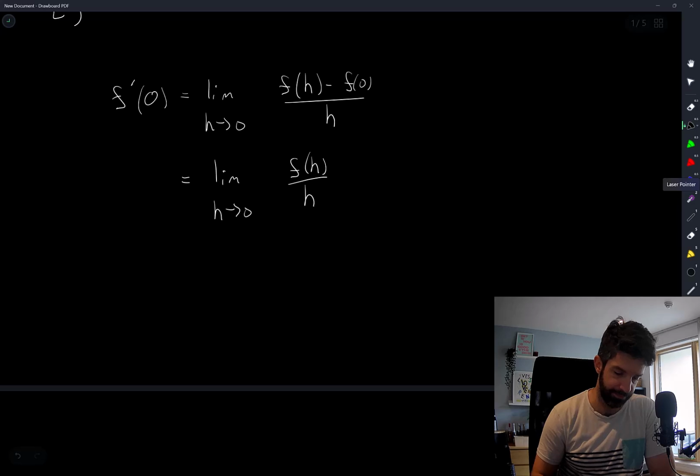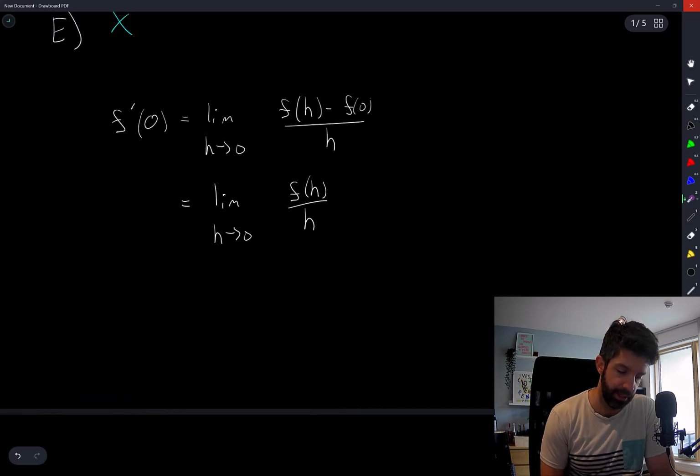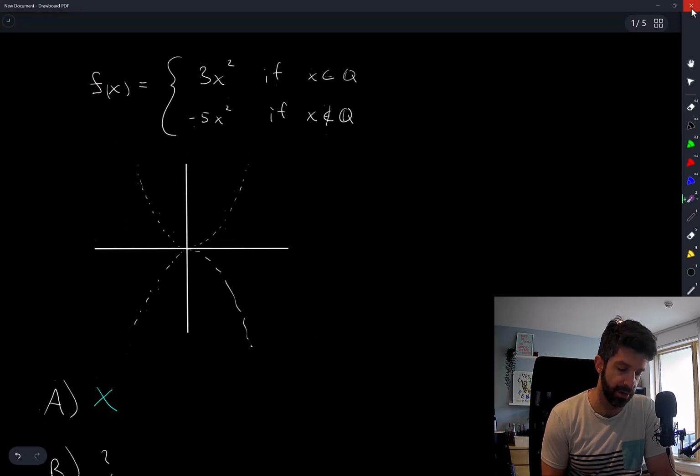So if we think about taking this limit for rational values or irrational values of h, regardless of which sequence of numbers we take, if we think of this as a limit of a sequence of points where h is a sequence of numbers approaching 0, it doesn't matter whether we approach 0 along rationals or irrationals.